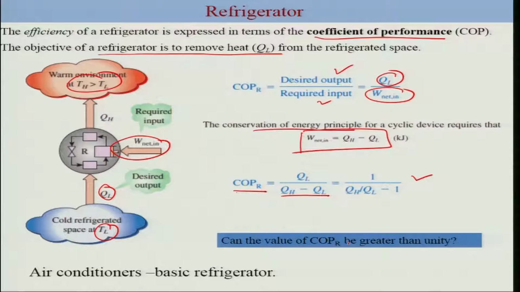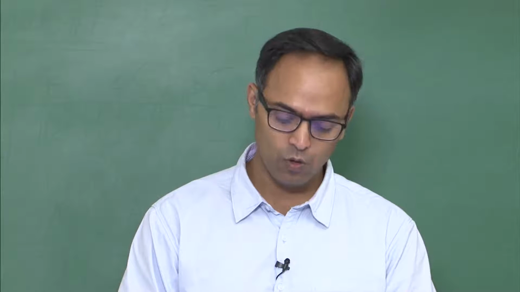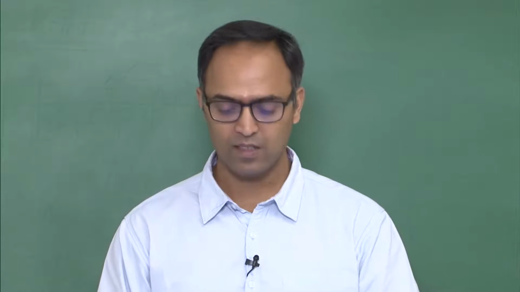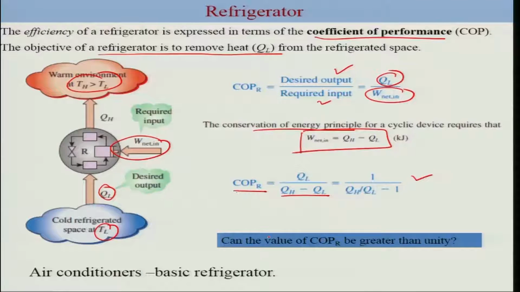And the answer is yes. That can be if the amount of heat extracted from the cold space is more than the work input required to achieve this transfer of heat from TL to the high temperature. So yes, COP_R can be greater than unity if QL is greater than W net in.